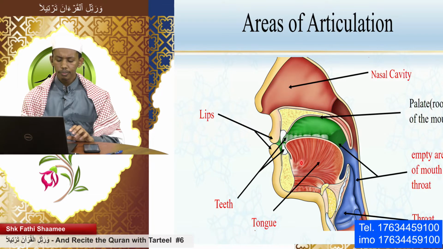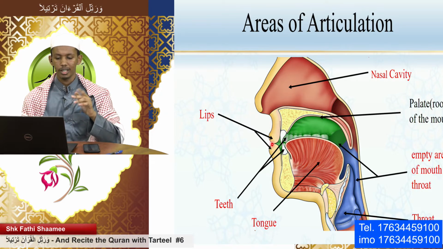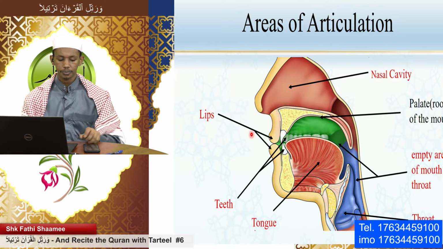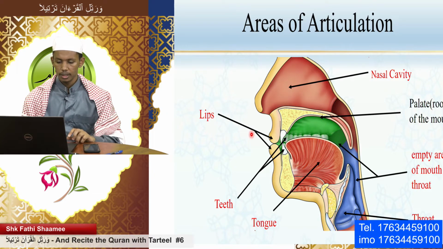So a letter will either come from the throat, or from the empty areas of the mouth, or from the interaction between the tongue and the palate, or the interaction between the teeth and the tongue, or the lips together, or the lips with the tongue, or the sound will be produced from the nasal cavity. Hopefully, inshallah ta'ala, that is clear.